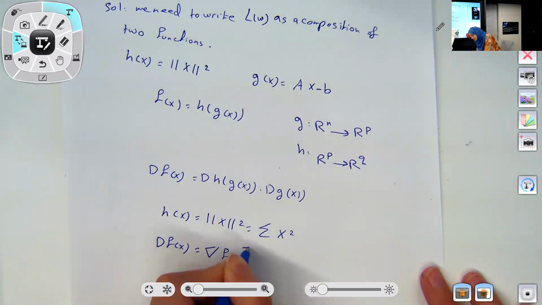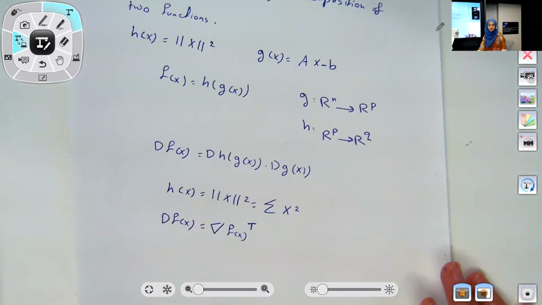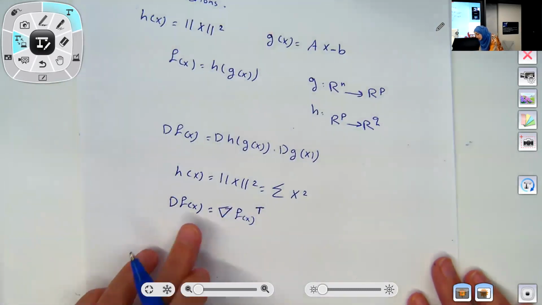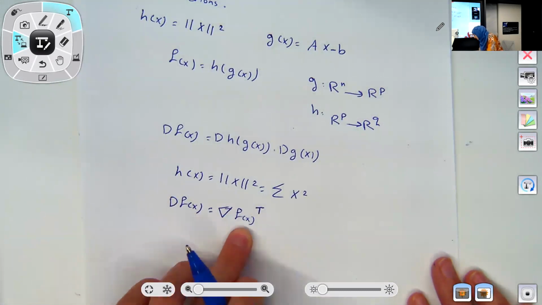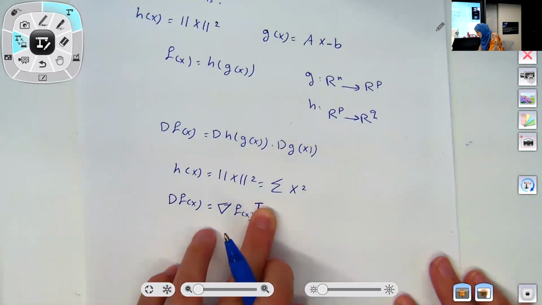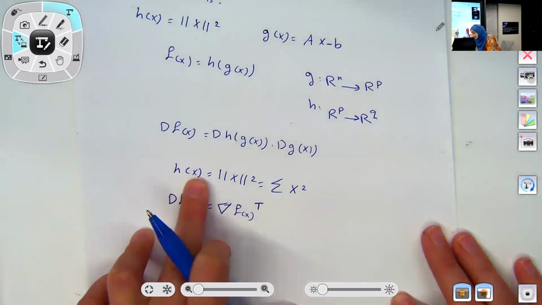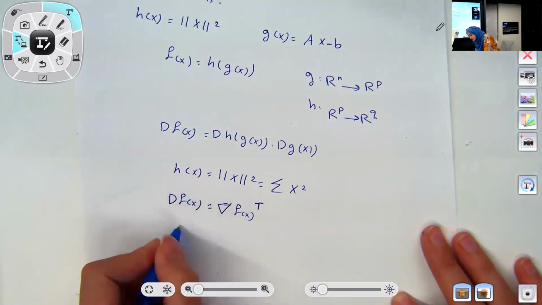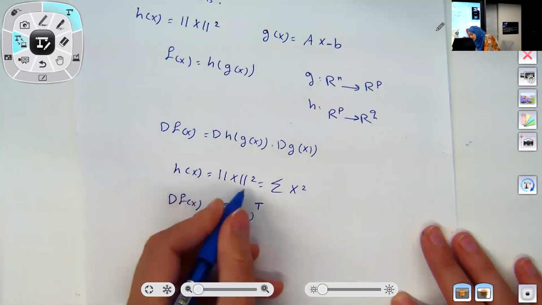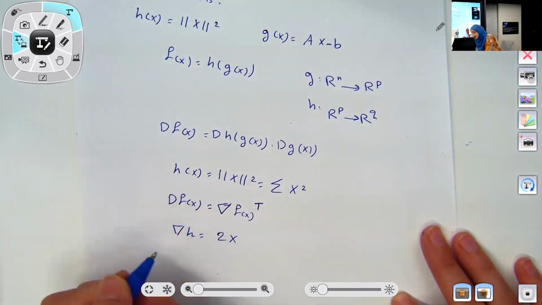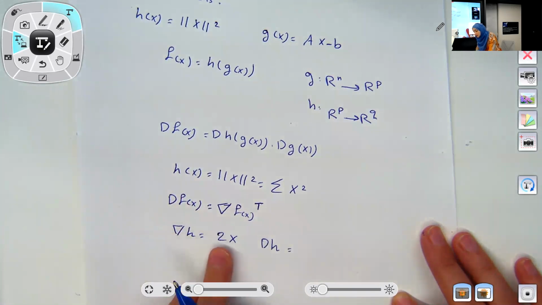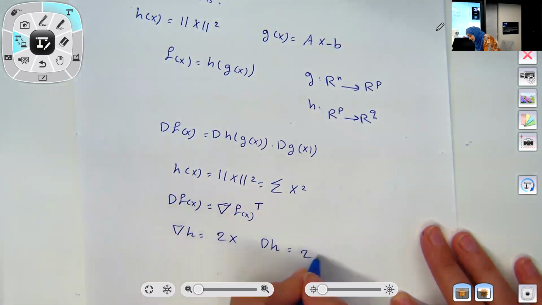We know that there is a relation between the Jacobian and the gradient: the Jacobian equals the gradient of the function transpose. If you look here and find the gradient of h, it is equal to 2x, and the Jacobian of h is equal to 2x transpose.